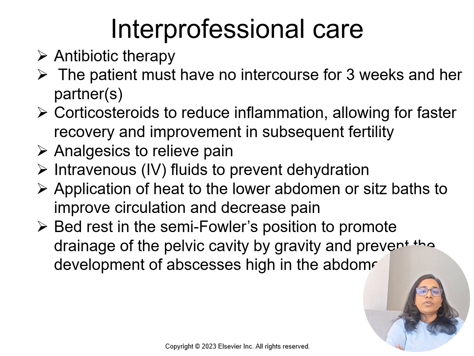We also give corticosteroids in case of severe inflammation. Analgesics are used for pain. Intravenous hydration is important. Also, any type of sepsis, especially in the pelvic cavity, could go unnoticed and eventually develop into septic shock. So we're looking at whether this is developing or progressing into sepsis.